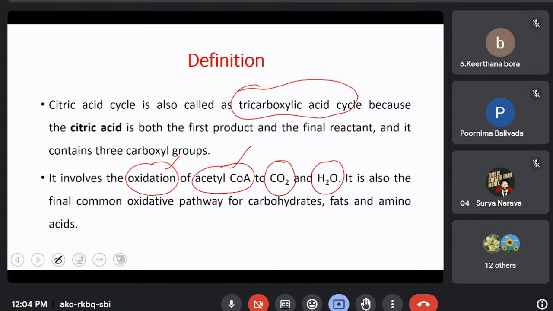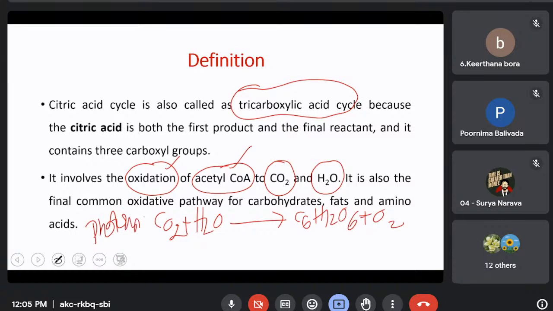We know that carbon dioxide plus water, in the presence of sunlight, give rise to glucose and oxygen during photosynthesis. The opposite of the photosynthetic reaction is respiration.